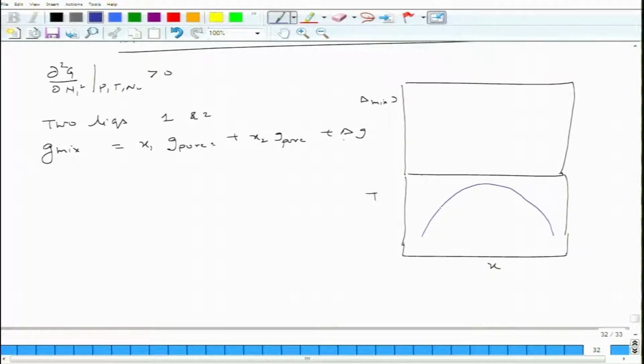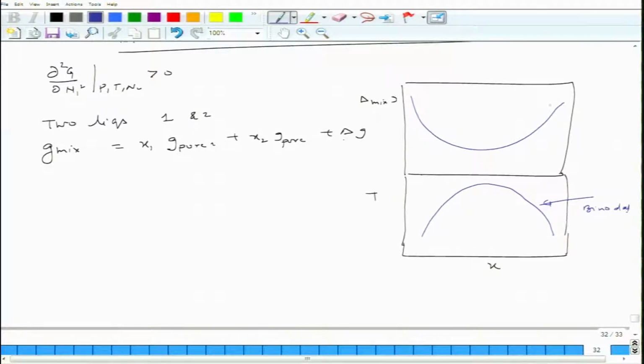So, you would expect the second derivative of delta G mix with respect to composition to be greater than 0 in this case, because these are the stable phases. Correspondingly at T1 you may have something like this, pretty much a stable phase where it is concave up.